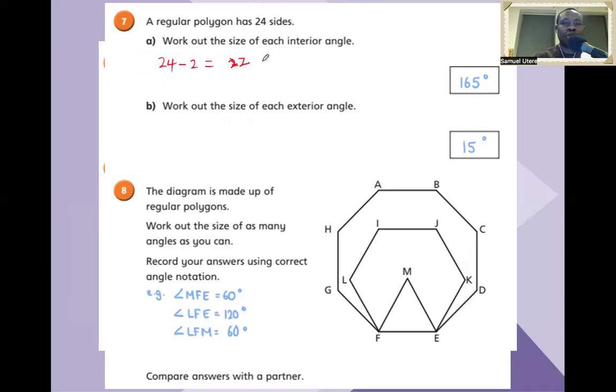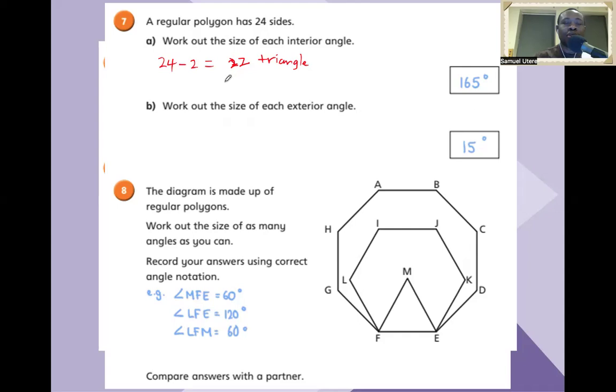So this 22 means the number of triangles we can get from this regular polygon that has 24 sides. Now, we know that the sum of the angles in each triangle is 180 degrees.